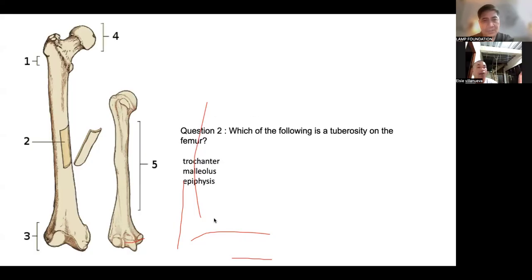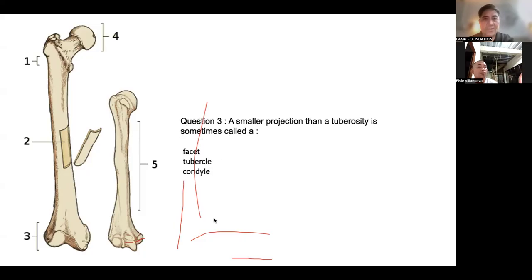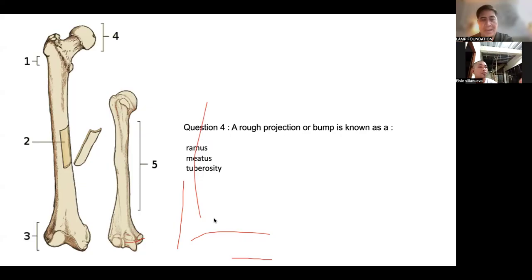A broad, shallow depression is a fossa. Which of the following is a tuberosity on the femur? That's trochanter. A smaller projection than a tuberosity is a tubercle. A rough projection or bump is a tuberosity.